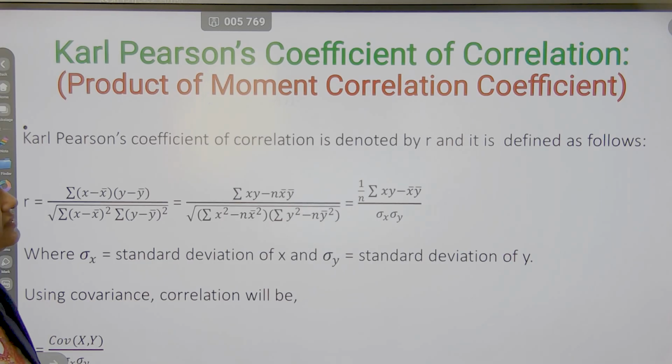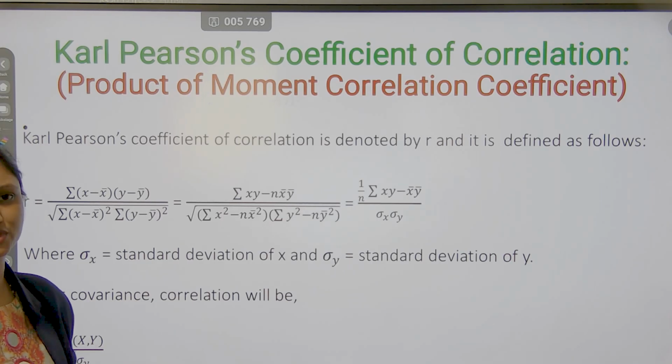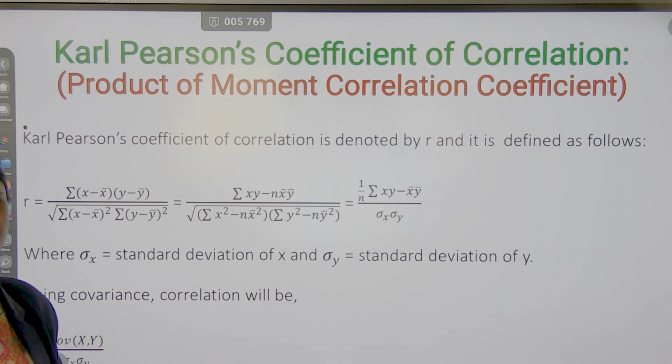Next is Karl Pearson's coefficient of correlation, or in other words it is called the product moment correlation coefficient. Karl Pearson's coefficient of correlation is denoted by r.